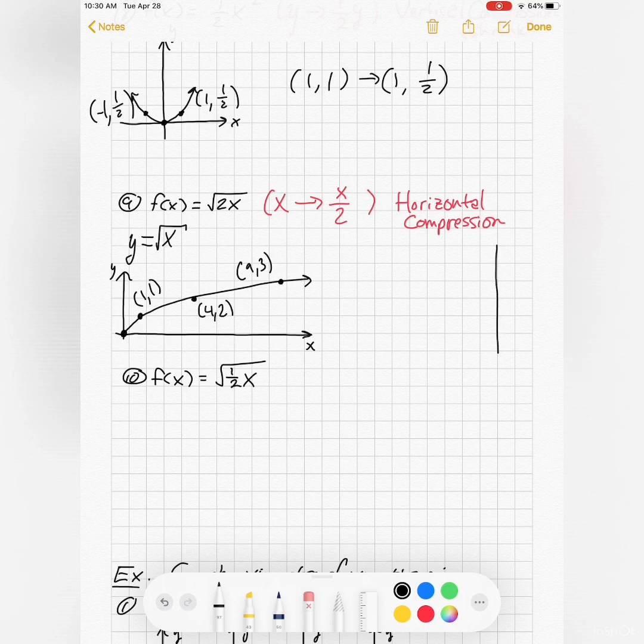So let me see if I can plot these points. Okay, so I take each x and divide it by 2. So now I'd have 1/2, 1.